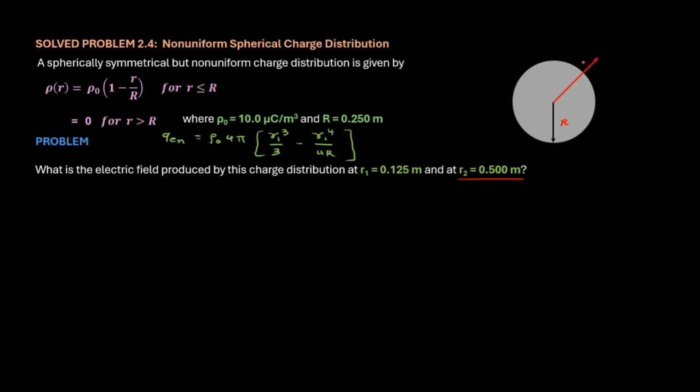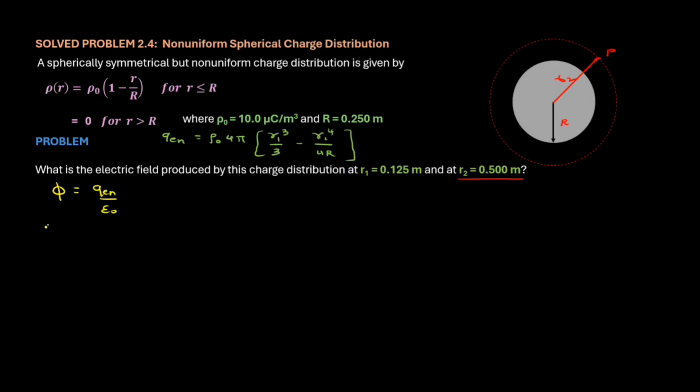So let this point be a distance r2 outside the sphere. Again, we will be constructing a spherical Gaussian surface passing through a point P, which is a distance r2 outside the sphere. And again, from Gauss's law, we can write total flux through the Gaussian surface will be equal to charge enclosed over epsilon naught.